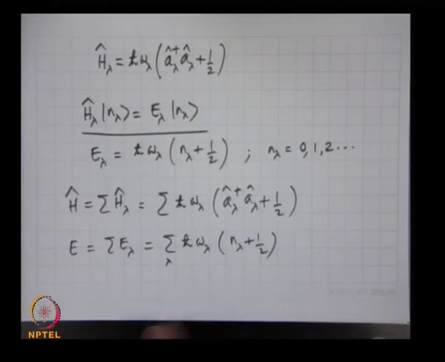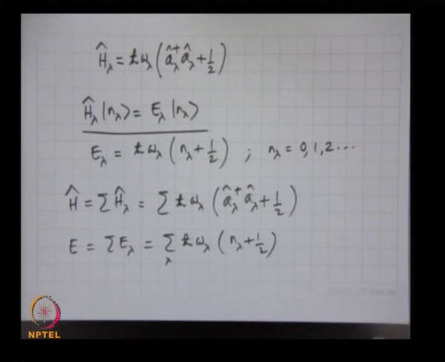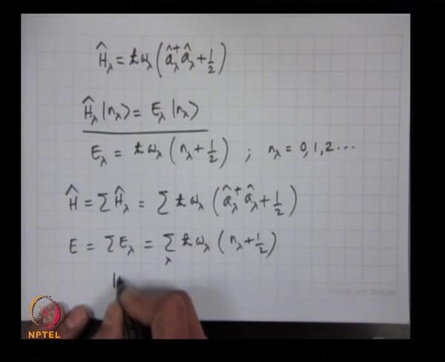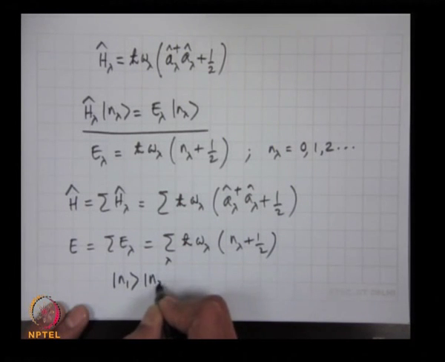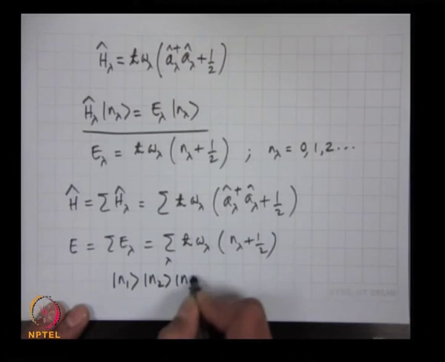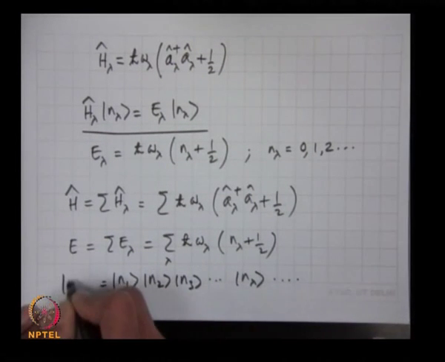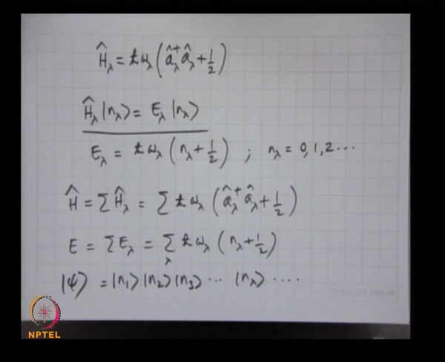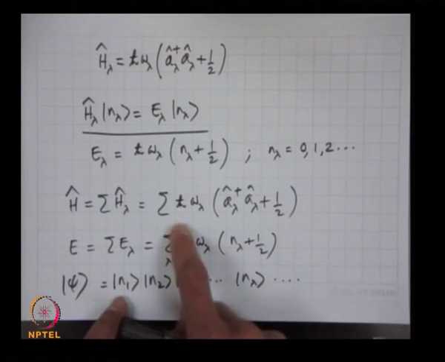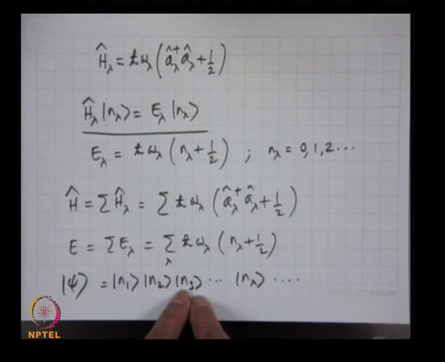And so this state corresponds to a ket which has n1 photons in mode omega 1, n2 photons in mode 2, n3 photons in mode 3, like this.